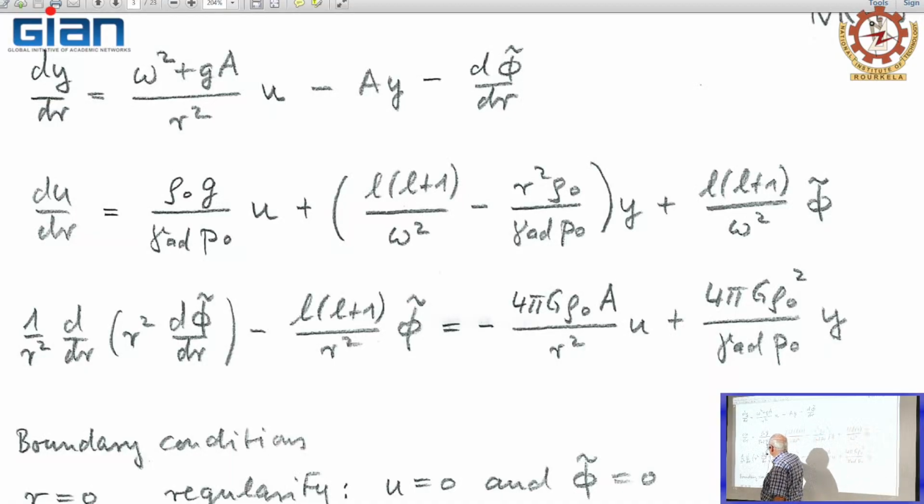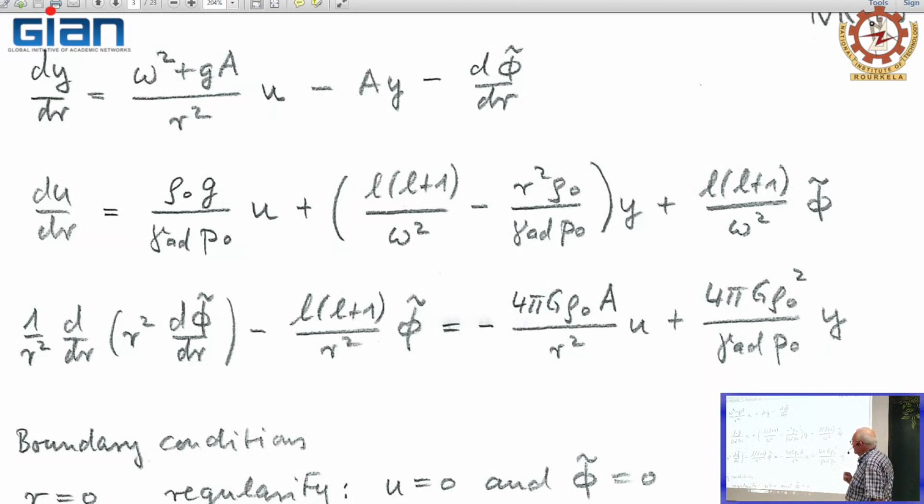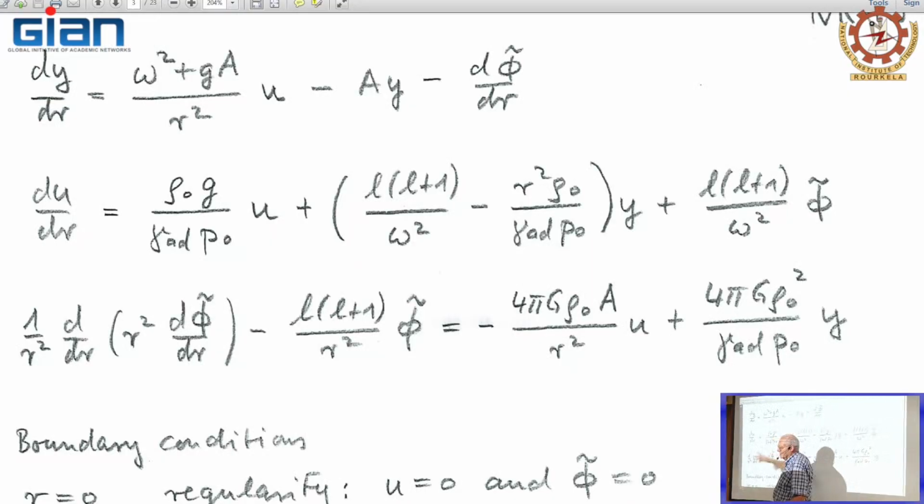So this is some kind of a diagonal term, and here is a diagonal term which includes the coefficient a. To remind you, we had done a transformation exponential of the integral over a dr. So these are, so to say, the diagonal terms here. It looks as if they are anti-diagonal, but they are the diagonal terms.